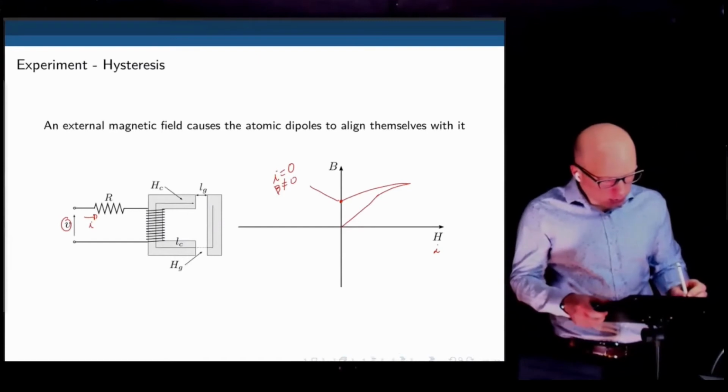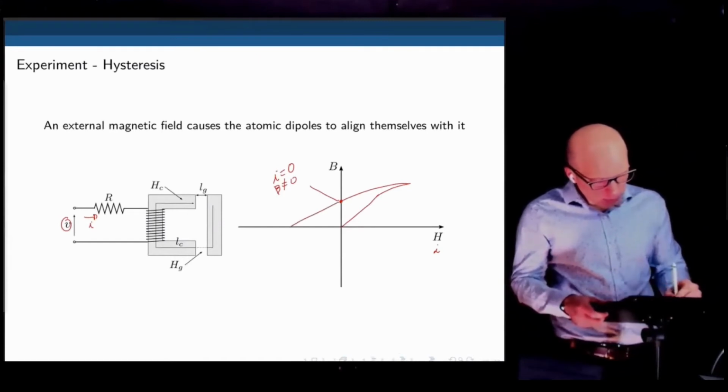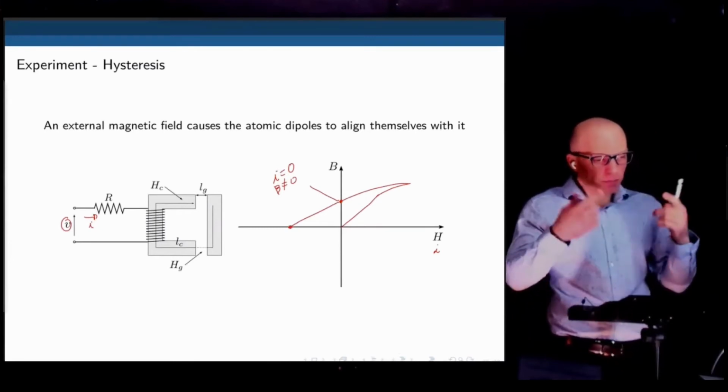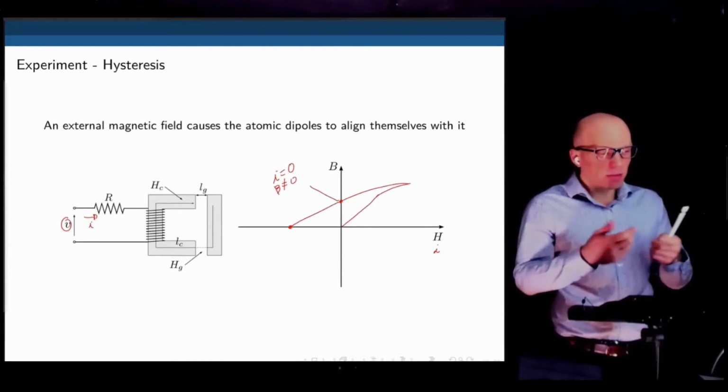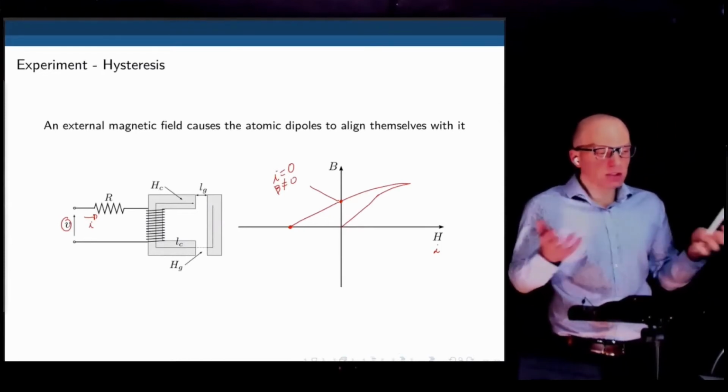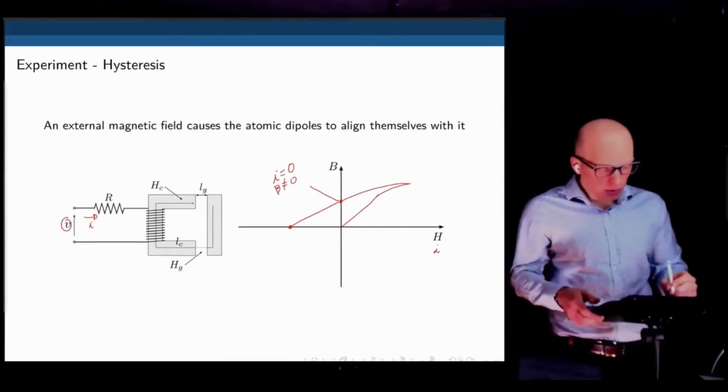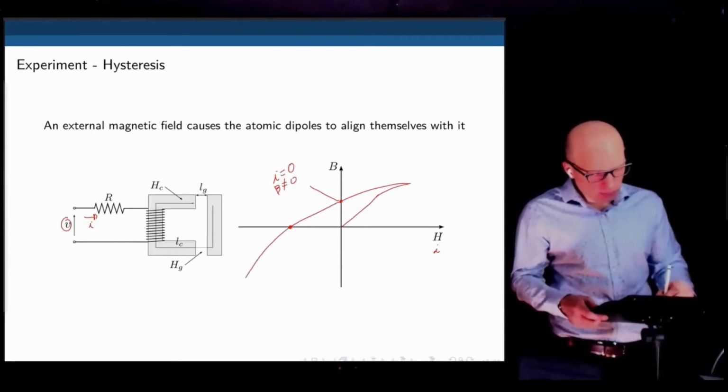And now we can continue to decrease the current, and we'll reach a point here where now we have the opposite problem. The current is non-zero, negative, but the magnetization in the core is zero. And you can keep going, and then back.